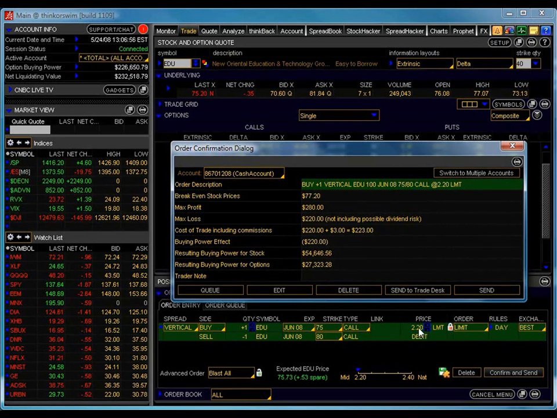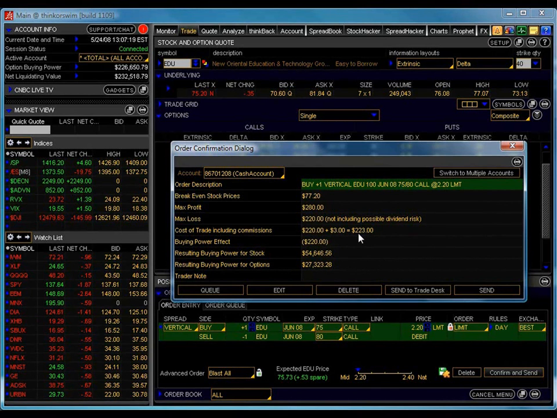If we take the $2.20 and subtract it from the $5 of our vertical spread, now we have a potential profit of $280 on that spread. And since it's only costing us $220, our maximum loss now is also $220. With the $3 commission, it's going to cost us $223.